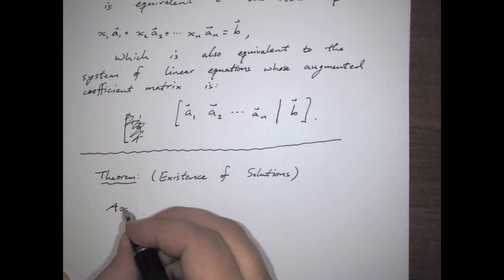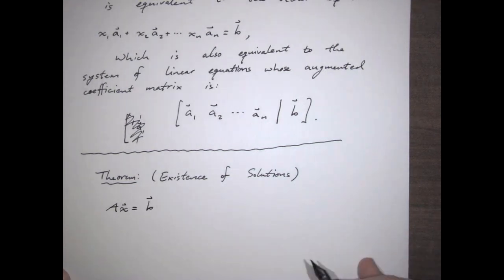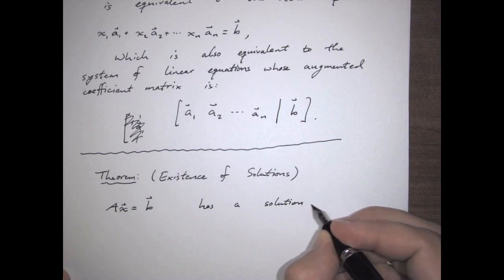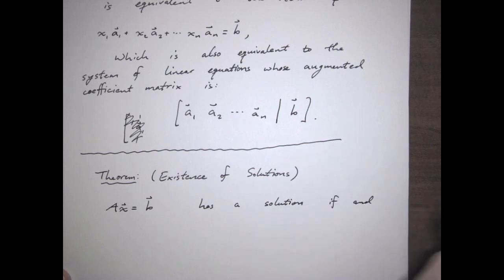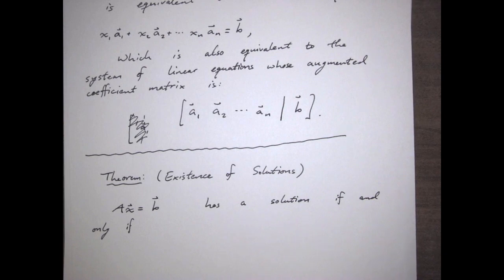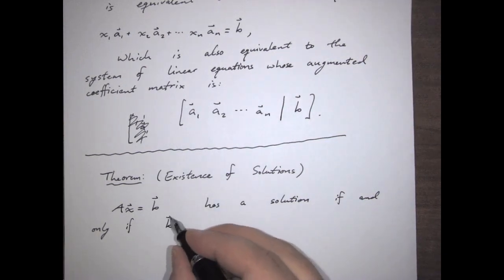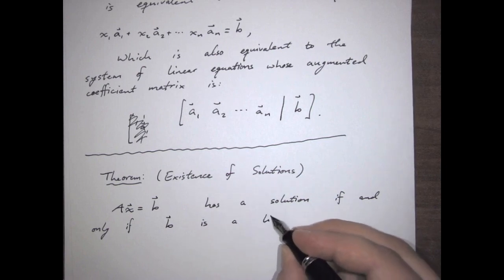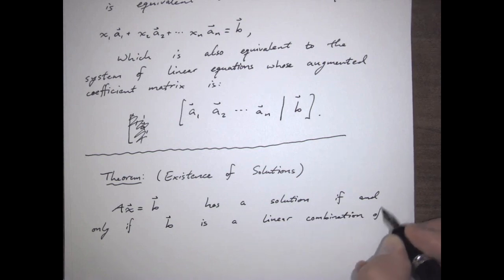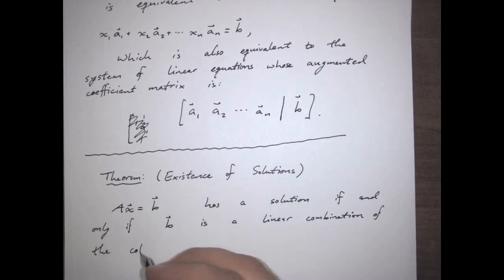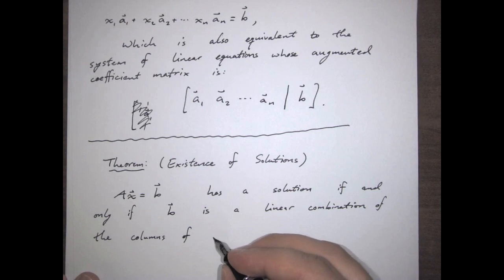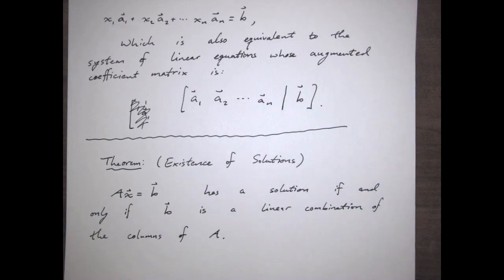Ax equals b has a solution if and only if, so it does have a solution if this is true, and it only has a solution if this is true, if b is a linear combination of the columns of A. In other words, if it's in the span of the columns of A.